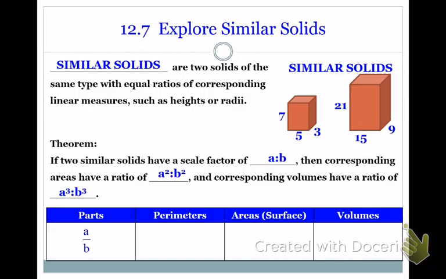And so on. So here's a summary of that. If the parts have a ratio of A to B, the perimeters have a ratio of A to B, the areas have a ratio of A squared to B squared, and the volumes have a ratio of A cubed to B cubed.